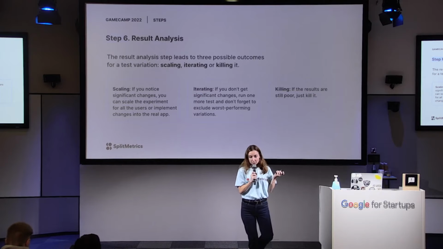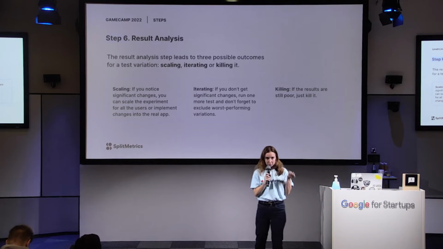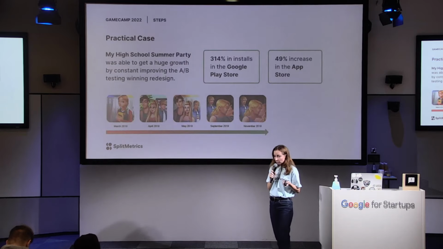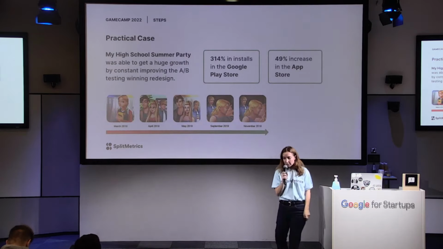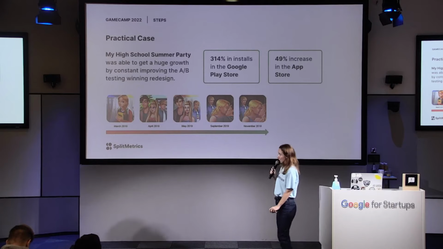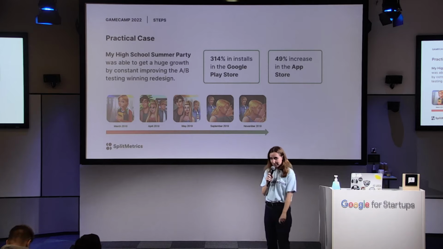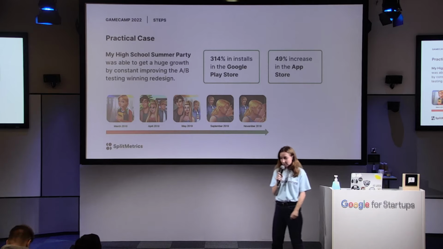And scaling means that you have to implement the result on production. About iteration, I have one more example. These guys want to be absolutely sure that they will get a significant change, so they create several iterations of a test.